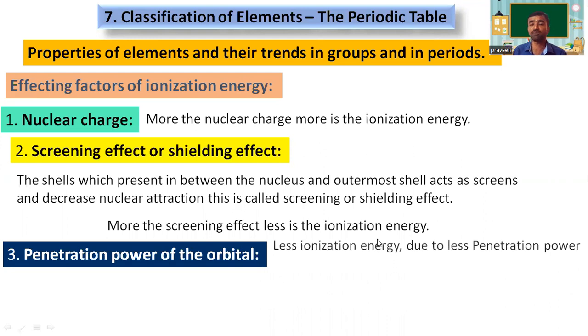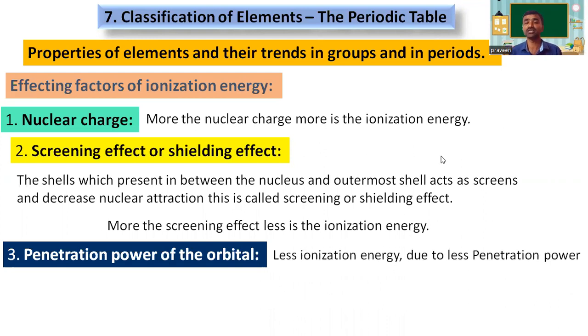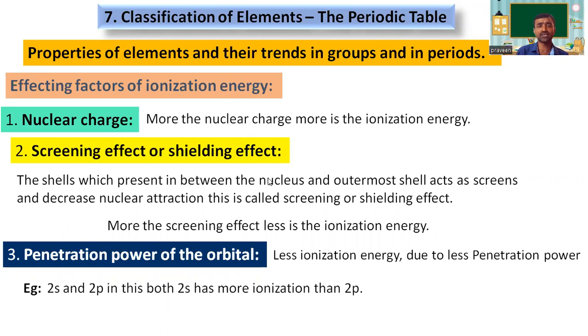Less penetration power, less ionization energy; greater penetration power, greater ionization energy. Right? So these are the three factors. The example is 2s and 2p. Of these two, 2s requires more ionization energy because of greater penetration.